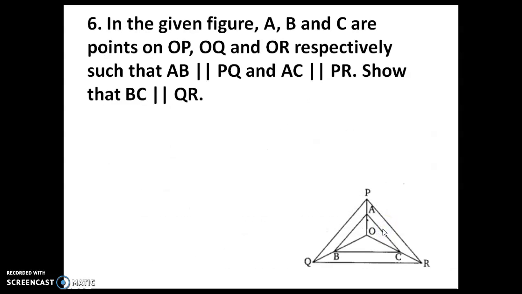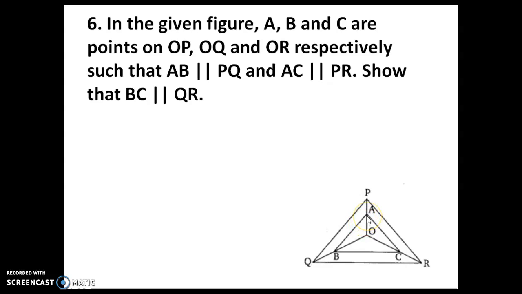In the given figure, A, B, C are points on OP, OQ, OR respectively. So see the diagram here. These are the points on OP, OQ and OR, such that AB is parallel to PQ.